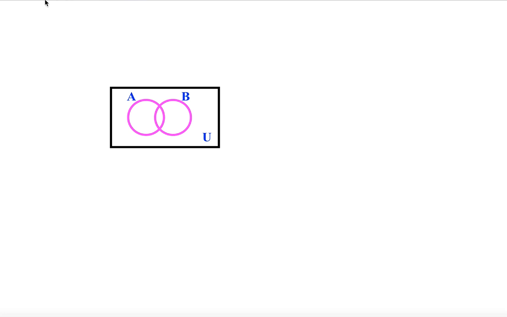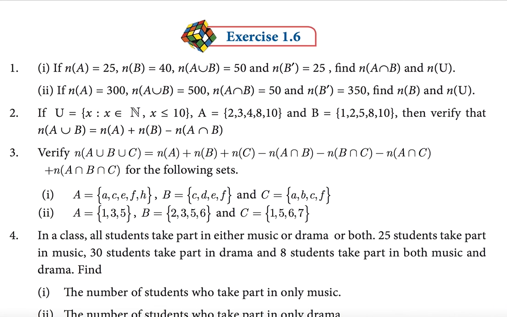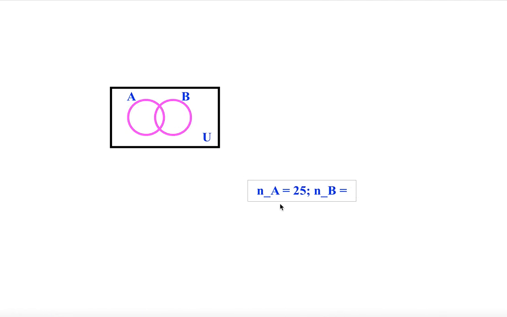I want to write n of A as n underscore A, 25, n underscore B, that is n of B, 40. It saves my time. That is the reason why I'm doing it like this.